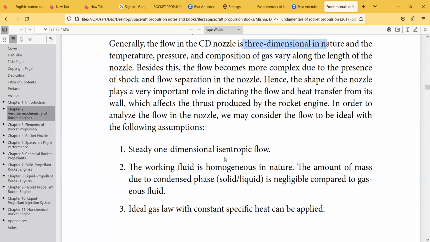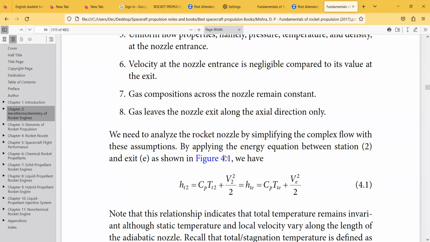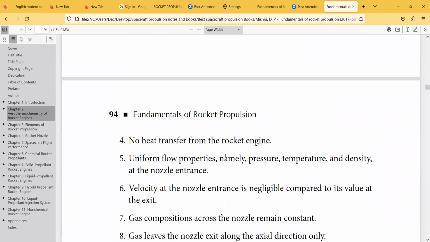The third assumption is that the ideal gas law with constant specific heat can be applied. The fourth assumption is no heat transfer from the rocket engine, meaning the system is a closed system. As you know, in a thermodynamic closed system, there is no heat transfer from outside to inside and from inside to outside.